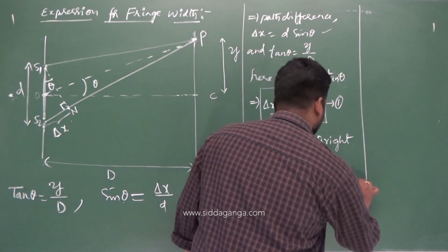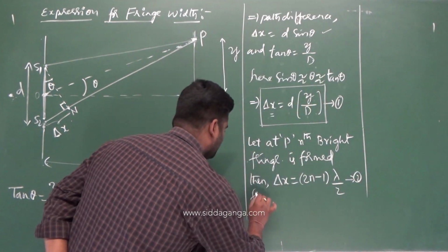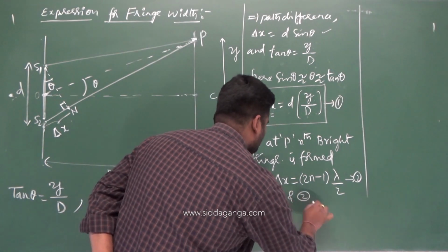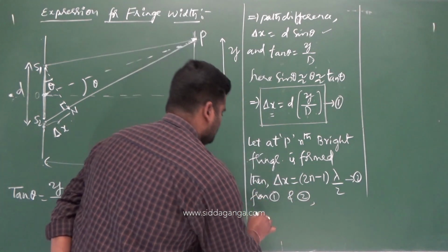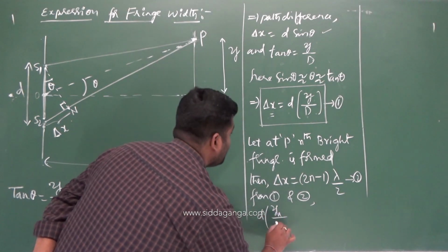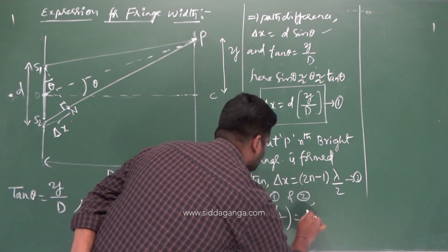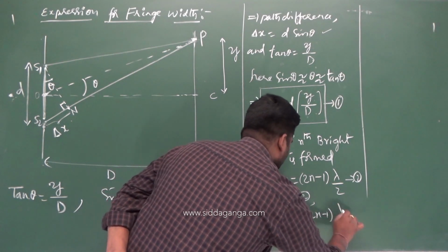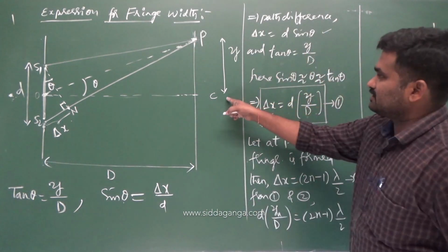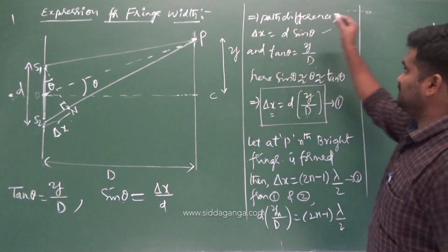From equations 1 and 2, what can you write? d into yn, the nth bright fringe, divided by capital D, equals 2n minus 1 into lambda by 2. I can obtain the relation for the distance of the nth bright fringe from the central fringe.